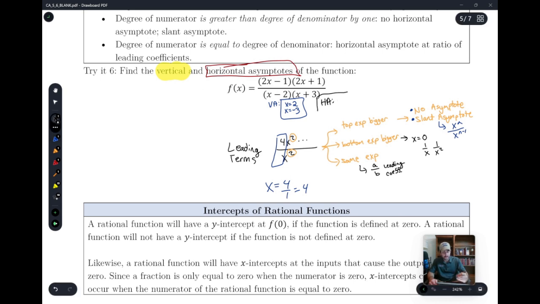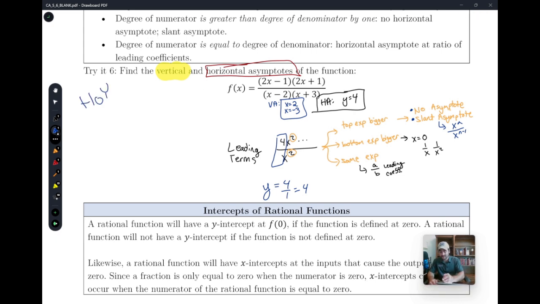Not x equals 4, but y equals 4. Oh, hop down there, change that x to a y. That was my mistake, where horizontal lines are in the form y equals and vertical lines are in the form x equals. And so your horizontal asymptote is of the form y equals.